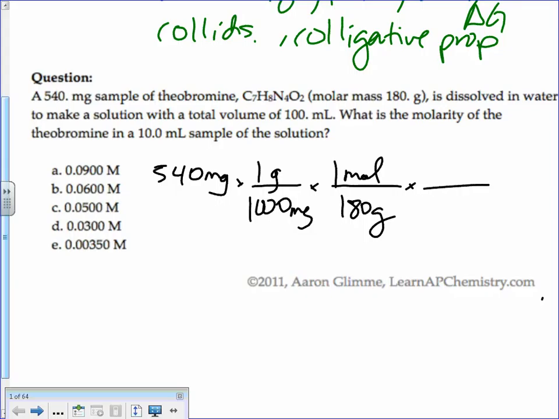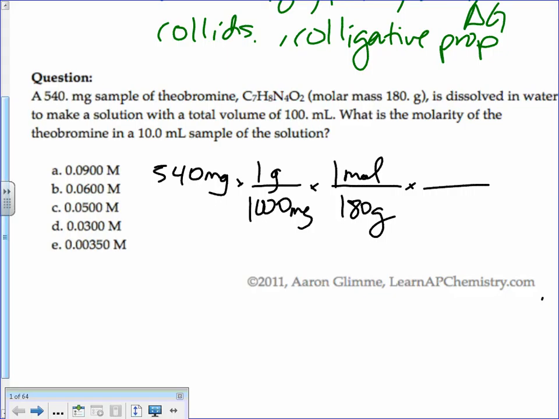Okay, how do I finish this up in terms of molarity? Divided by 0.1 liters. Why 0.1 liters? Because we know molarity is moles of solute over liters of solution, the solution as a whole, right?